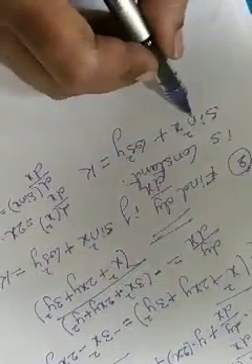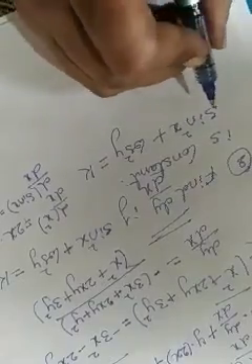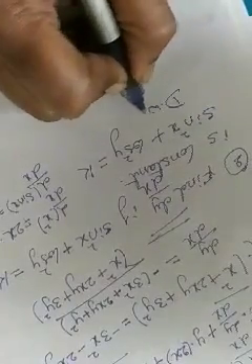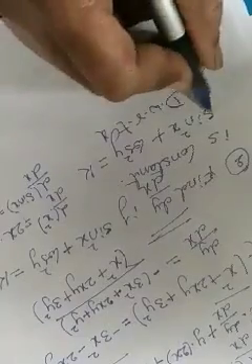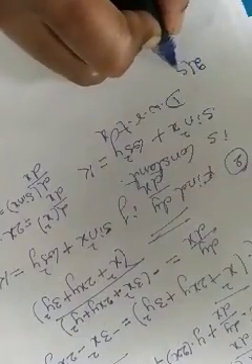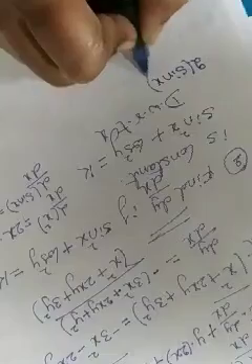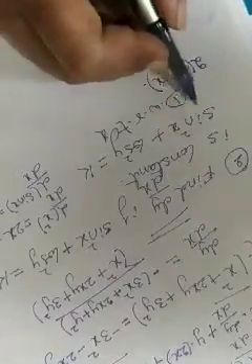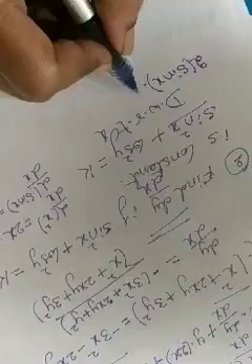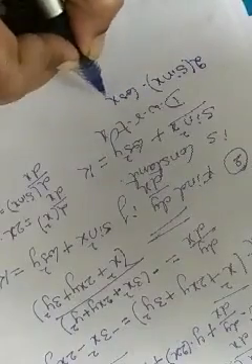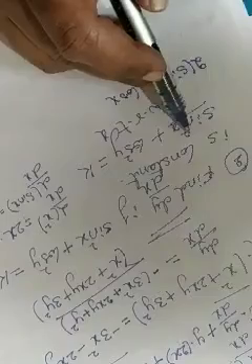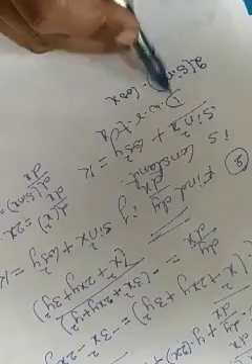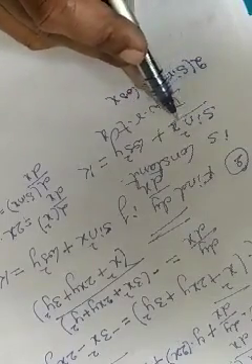So first differentiate the x square. X square derivative is 2x means 2 sin x into, now you have to differentiate the sin x.